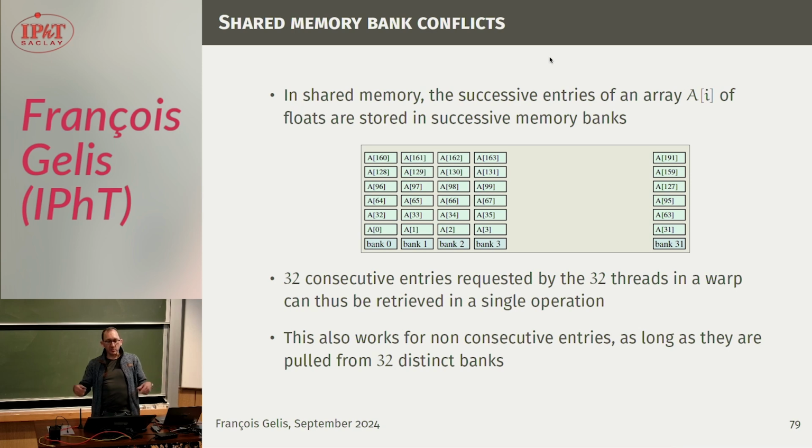All 32 threads get back the value they need in one clock cycle. This also works for non-consecutive entries, as long as they come from 32 distinct banks. For instance, if thread 0 reads A0 and thread 1 reads A33, this is not a problem for performance. They come from different banks, so the two requests will be fulfilled simultaneously.